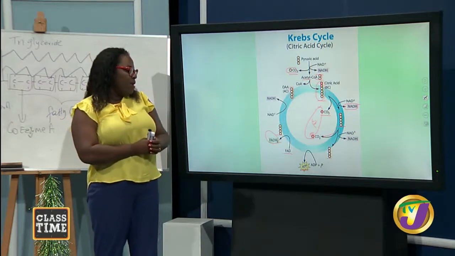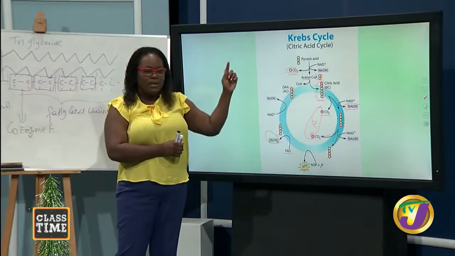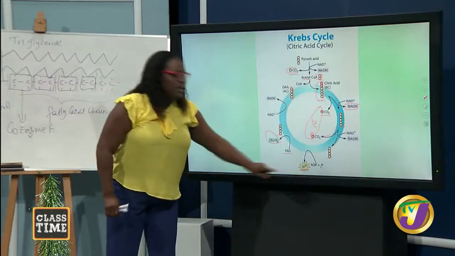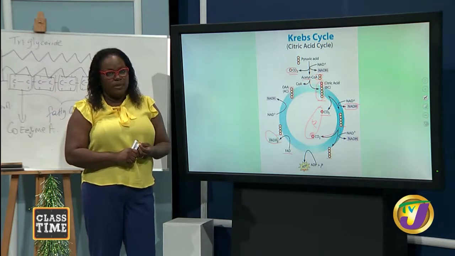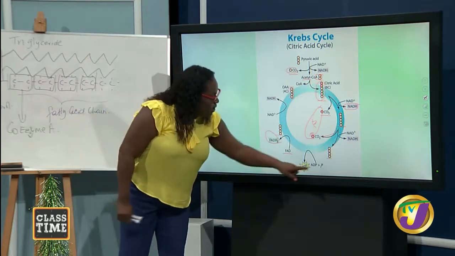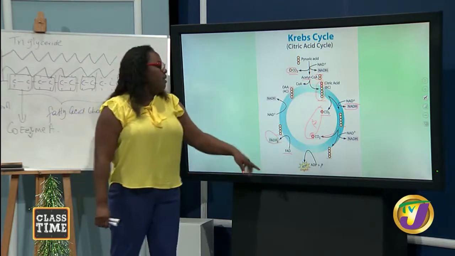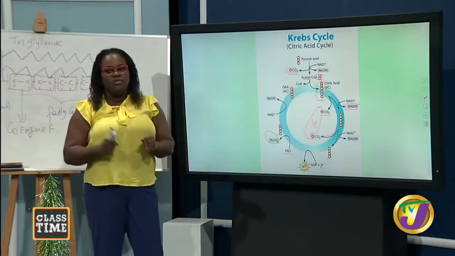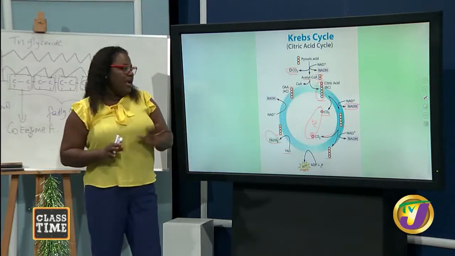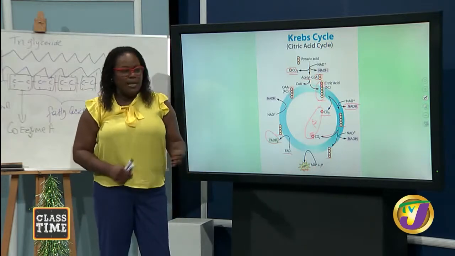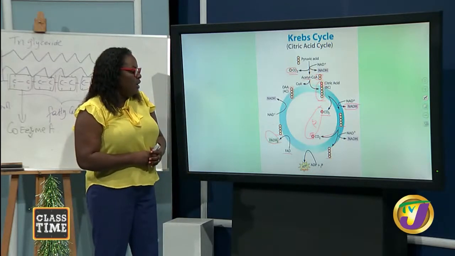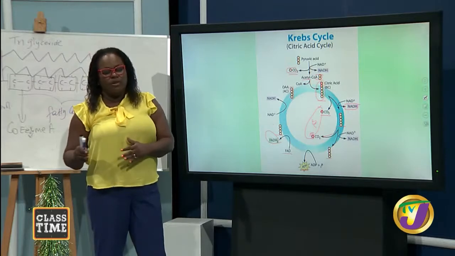The making of ATP in glycolysis, because it used the same method, is called substrate level phosphorylation. And the making of ATP here in Krebs cycle is also called substrate level phosphorylation. Anytime the ATP is being made directly, that is how we end up with substrate level phosphorylation.